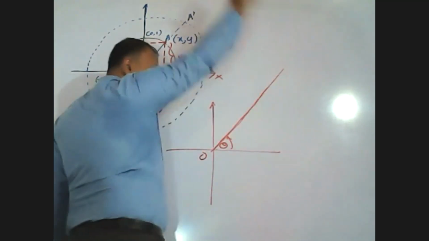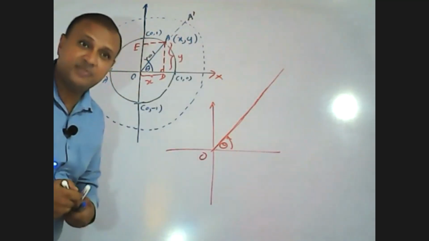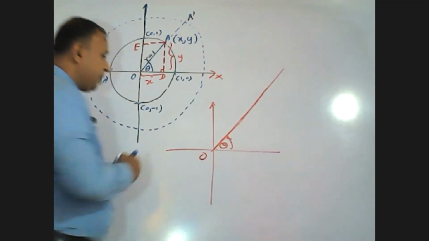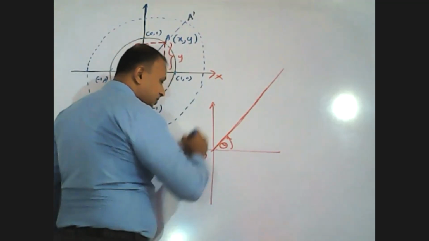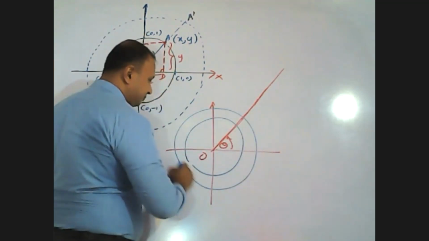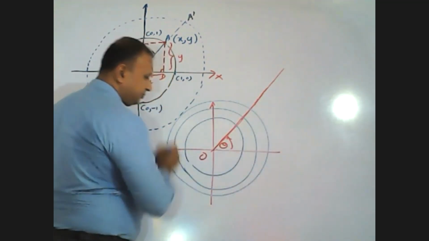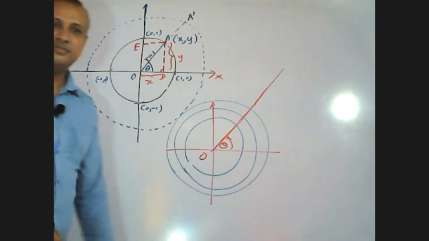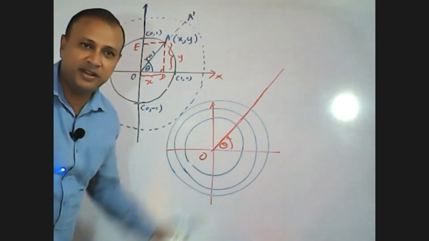Suppose this line has infinite length. Then you can draw any circle around this. You can draw any number of circles around this. Do you understand?